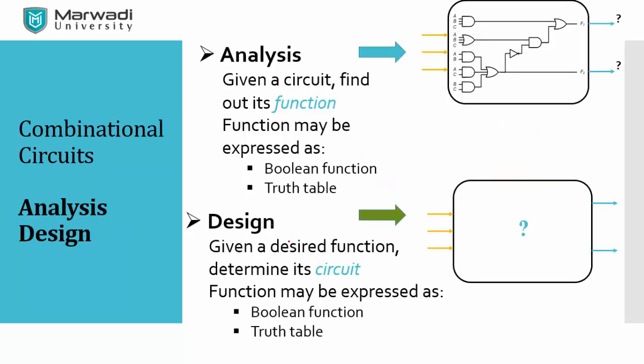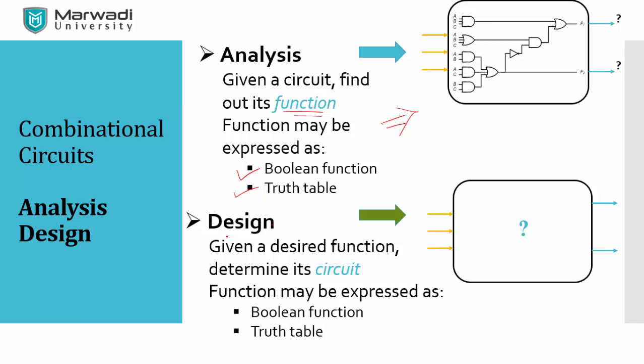You can analyze the combinational logic design in two ways. In the first part, we have certain inputs and certain gates in between, and we have the outputs. That means we have to find its function. It may be expressed as a boolean function or in a truth table.